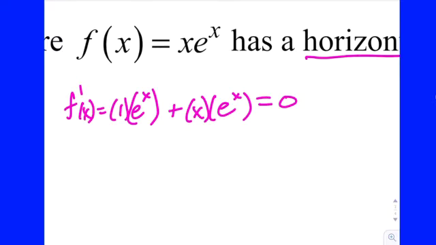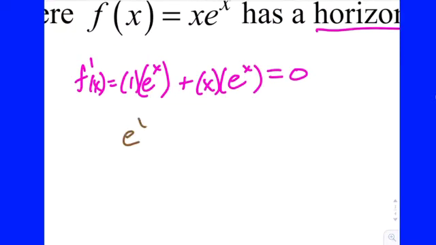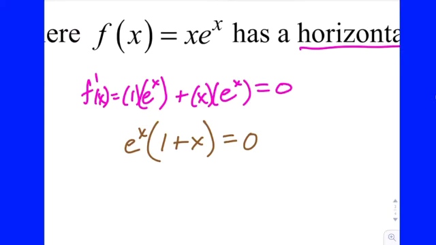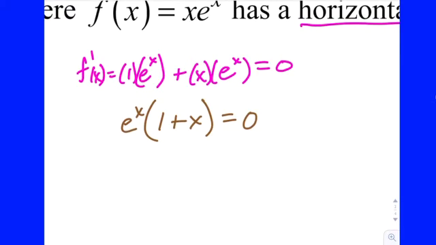Factoring, right? The first rule of factoring is to look for a common factor. Well, hey, we have a common factor of e to the x. So when you factor it out, you're left with 1 plus x. And it's always a good thing to quickly mentally redistribute to make sure you get the line above. And we do.